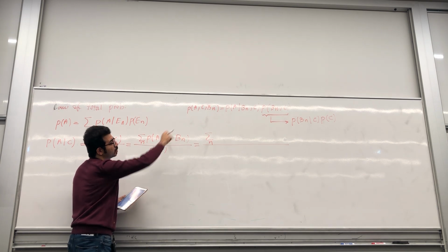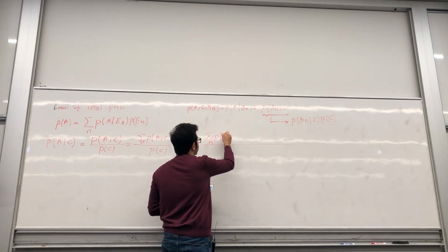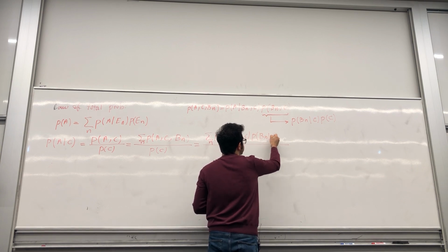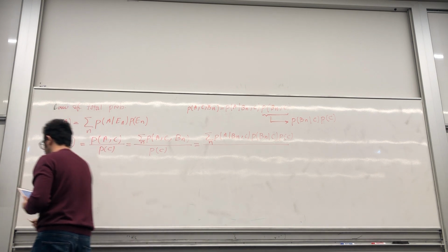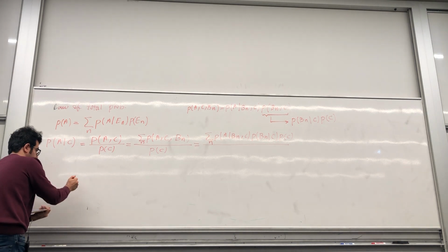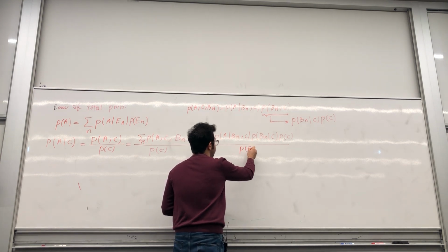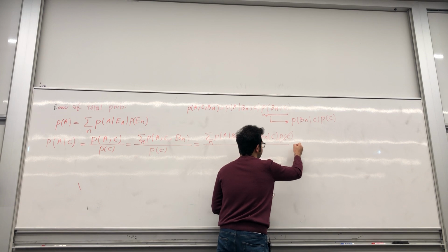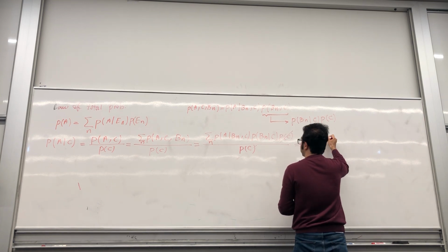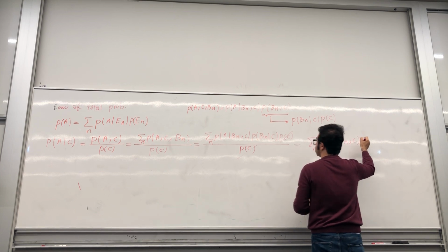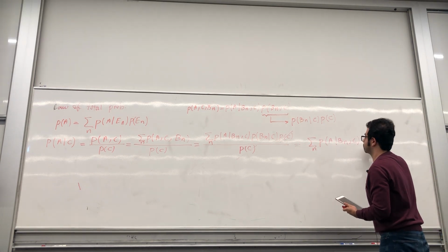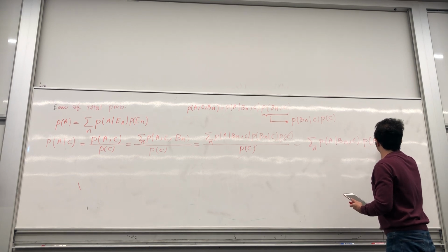Now, instead of this term, I write the term I derived: the probability of A conditioned on Bn and C times the probability of Bn conditioned on C times the probability of C, over the probability of C. Now this probability of C is crossed out, and all I have is, let me check, yep, the summation of probability of A conditioned on Bn and C times probability of Bn conditioned on C. It seems correct.